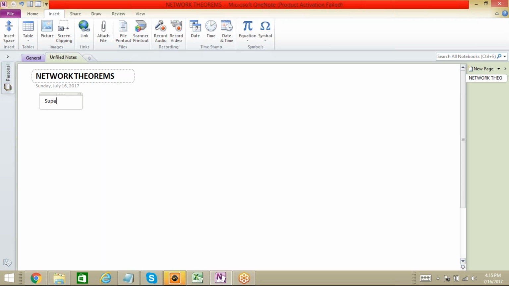First one is the superposition theorem. Then we have Thevenin's theorem. Then we have Norton's theorem.